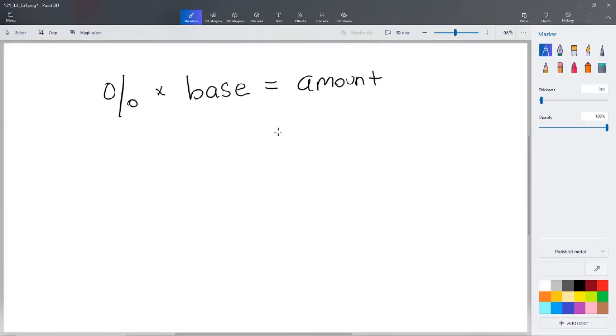So the operations we'll be using are multiplication and division if we're being asked for something on the left-hand side, one of the two items here, and we're being given something on the right-hand side. Now the key for us when we read the equations, because they're going to be in English, to determine what is the percent, what is the base, and what is the amount, is the word of.